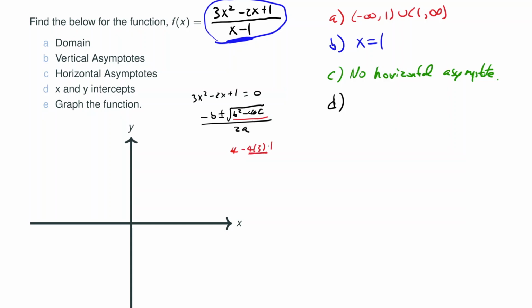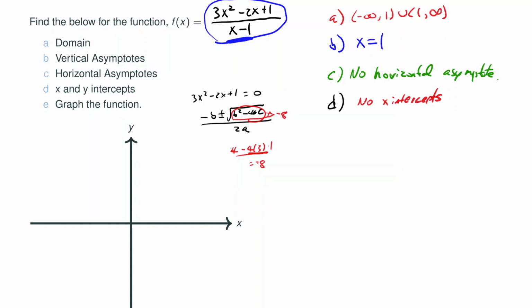This is negative 12. 4 minus 12 is negative 8. But we cannot have a negative number under the square root, right? So there's no real number that will make this true. That means there are no x-intercepts. And that's okay. It's okay for graphs to not have x-intercepts. It just doesn't intersect the x-axis.